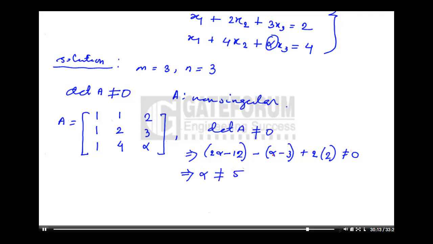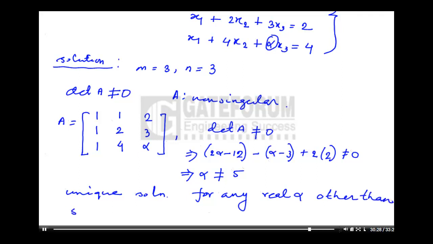Hence the system will have a unique solution for any real alpha other than 5.